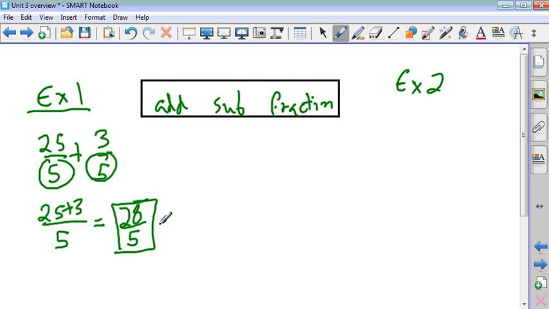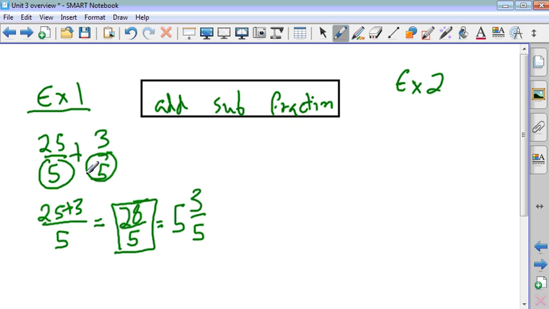When we get an improper fraction, I need you guys to do mental division. 5 goes into 28 5 times. I rewrite the 5. So 5 times 5 is 25. How more do I need to put on to get to 28? Well, I need to put on 3. So the answer is 5 3/5.